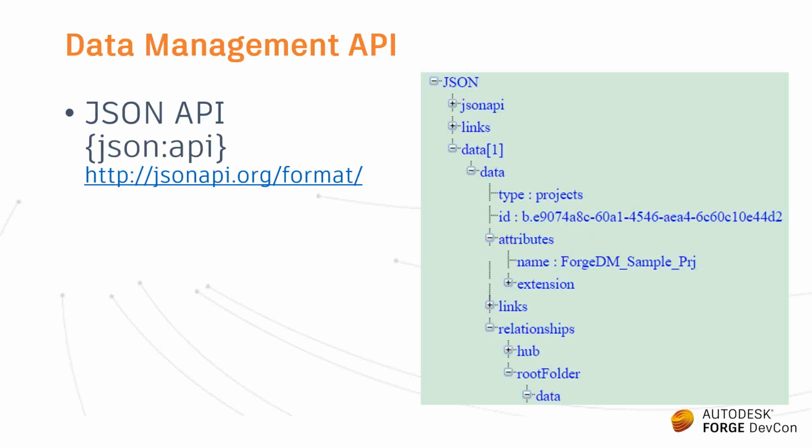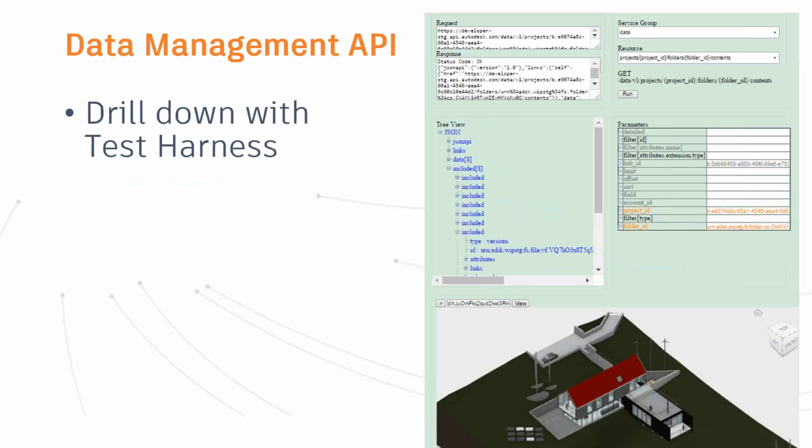JSON API is a very strict format, and it makes digging into the data much easier. For instance, here you can see the image with the JSON API links, data, etc. Whenever you are using data management APIs, you will see exactly the same format of data returned from your queries.